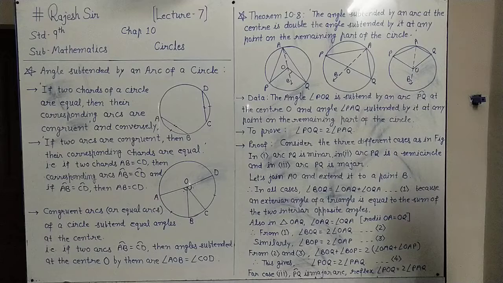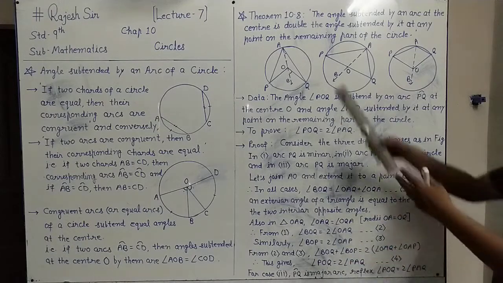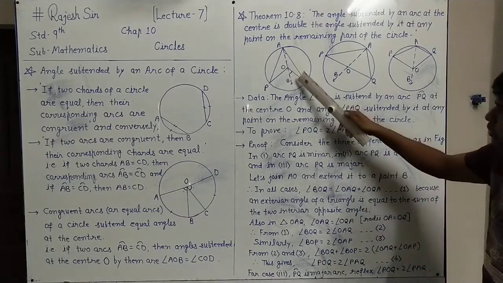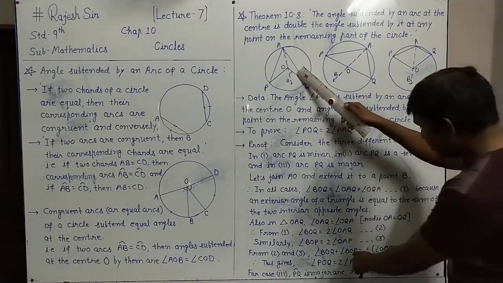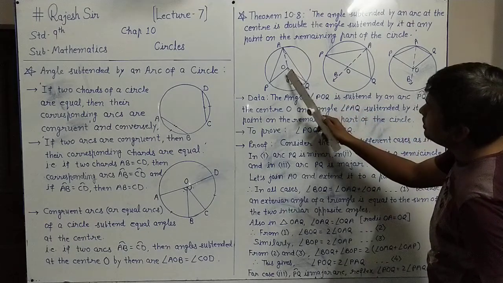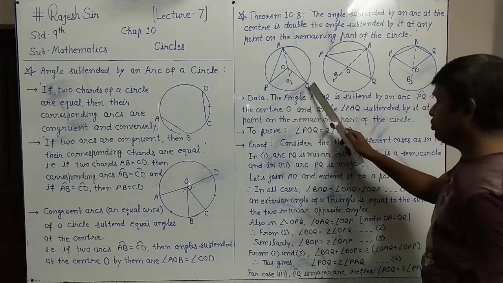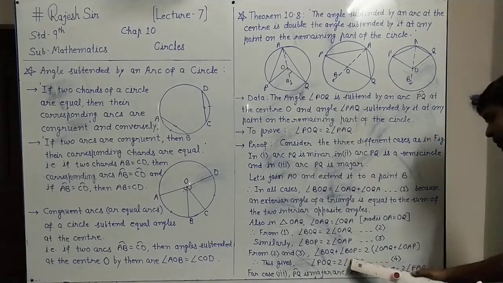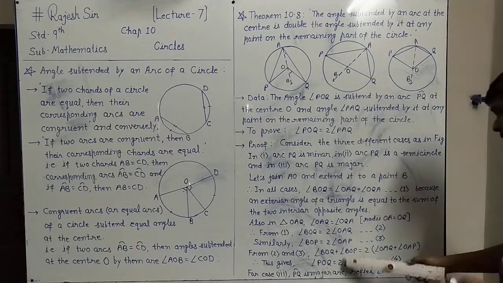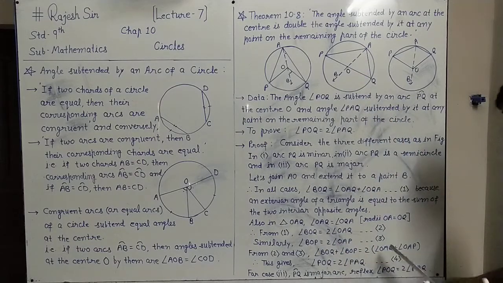Now by the figure you see, angle BOQ is this angle, plus angle BOP is this angle. The sum of these two angles is actually angle POQ. So the sum of BOQ plus BOP is angle POQ from the figure. It equals 2 times the bracket.